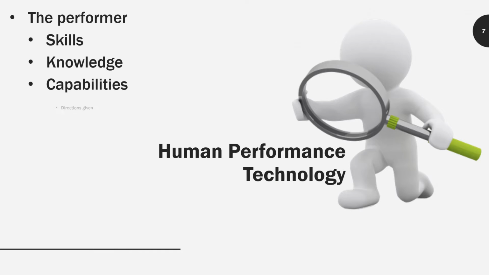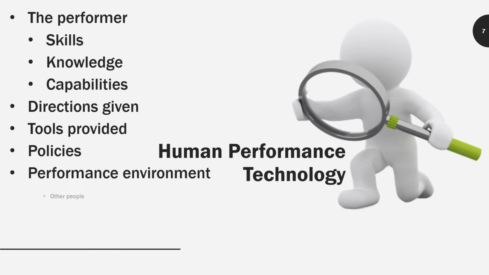Let's break down these influential factors. That could be the performer, their skills, knowledge, or capabilities, the directions given to the performer, the tools provided to the performer, the policies governing the performance environment, even other people.